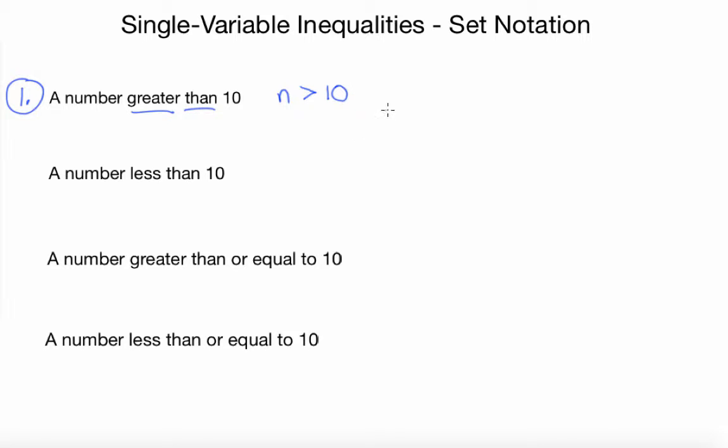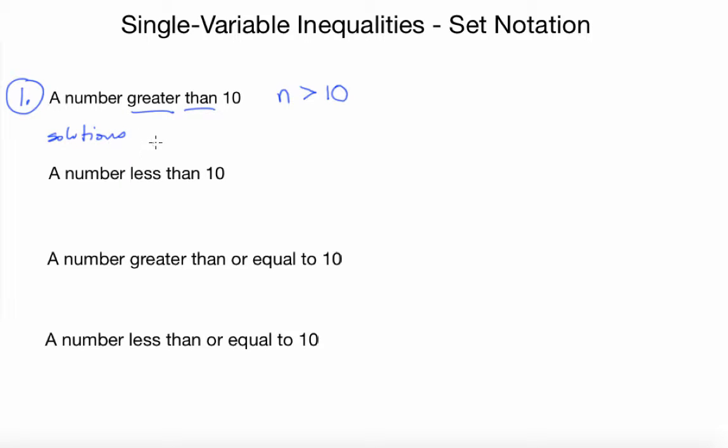So there's one way to write my inequality. Set notation is more of a formal way. It uses some more symbols. So I'm going to write the same inequality in set notation. But I should backtrack one more time before we go to set notation. If I have a number greater than 10, what are all the possible solutions?